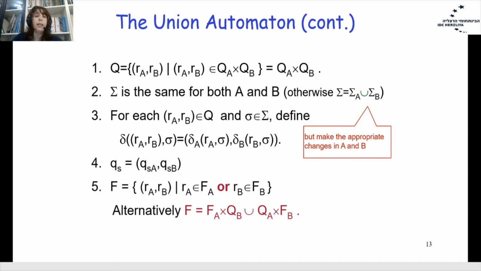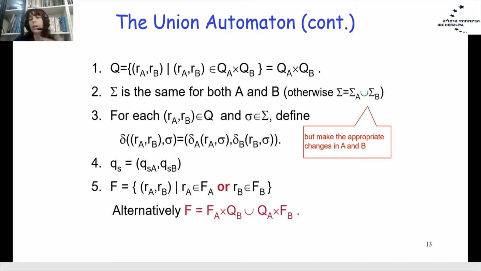And finally, the set of accepting states. First of all, it can be an empty set, but the accepting set F is defined by, once again, a couple of states, RA, RB. And for us, it is enough that either RA belongs to FA, an accepting state of the automaton A, or RB is an accepting state of the automaton B, FB.